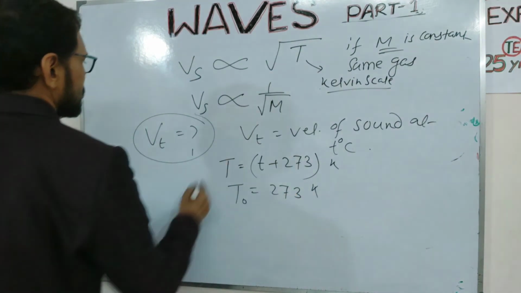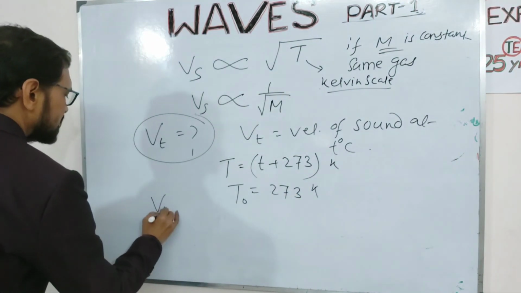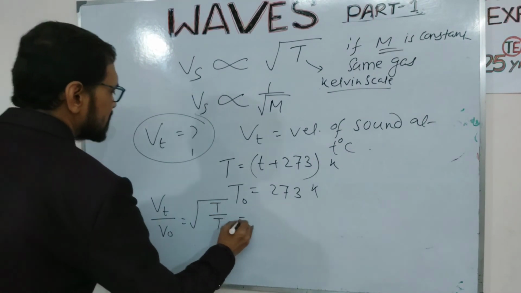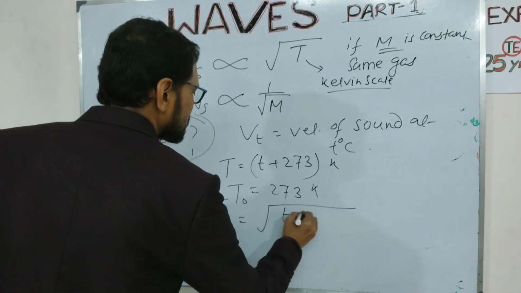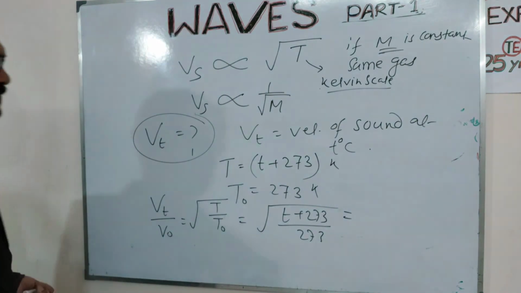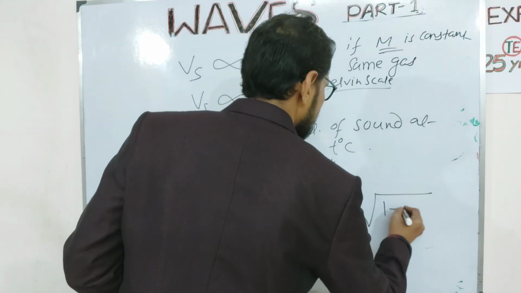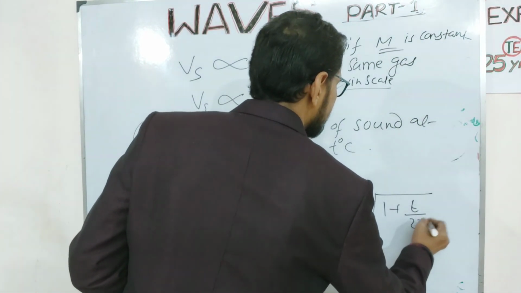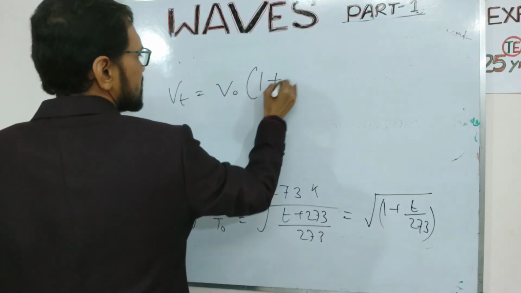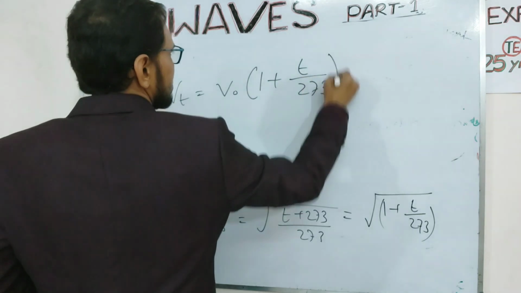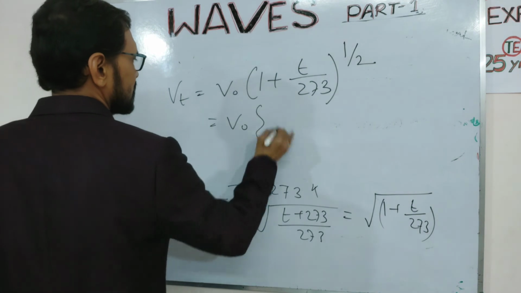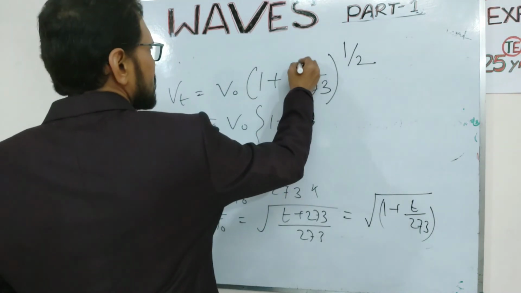Now Vt by V0 equals root over T by T0, which is root over (273 plus t) by 273, which is (1 plus t by 273) to the power half. Vt equals V0 into (1 plus t by 273) to the power half.